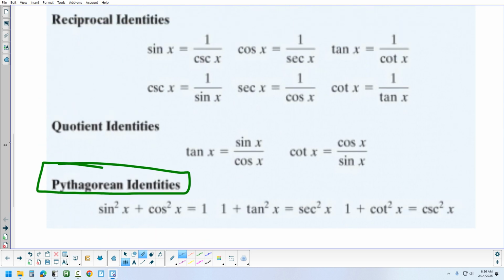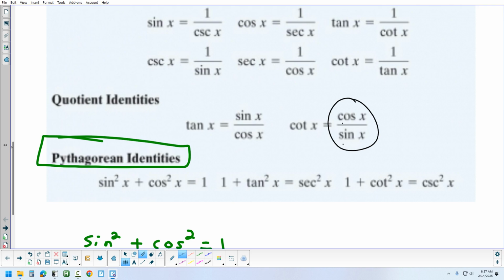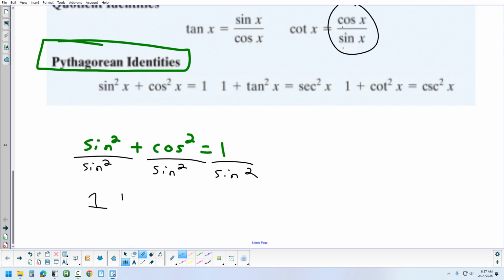Well, we already know what cosine over sine is. Cosine squared over sine squared is pretty much the same concept, just to a higher power. So what do you think cosine squared over sine squared is? Cotangent squared. Yep.